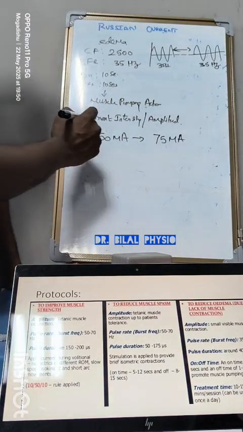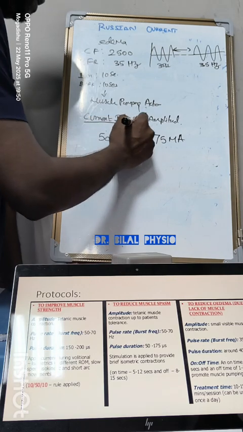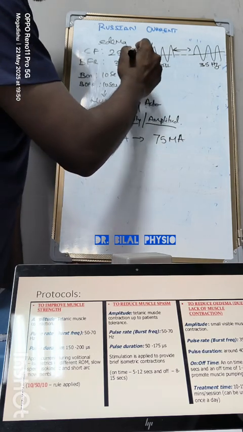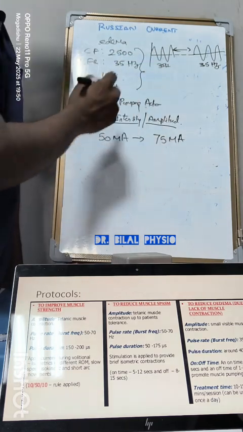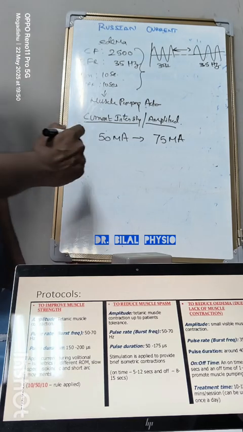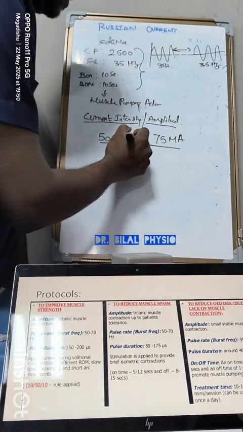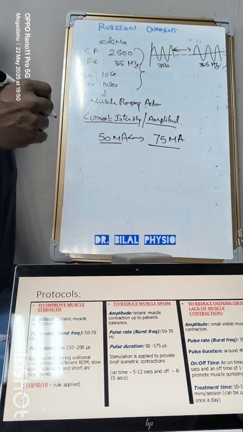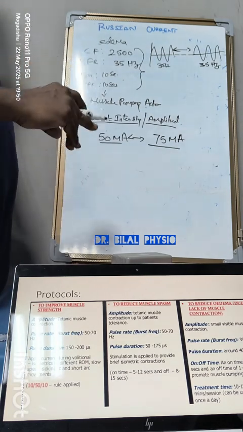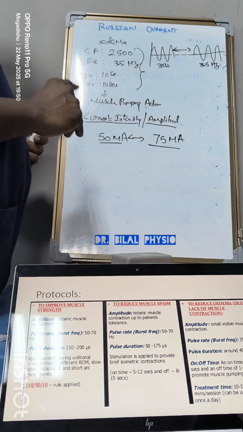This is the current amplitude, which means the intensity we increase after we set up these things for all the conditions. This range is a tolerable current intensity for all the conditions we have discussed.